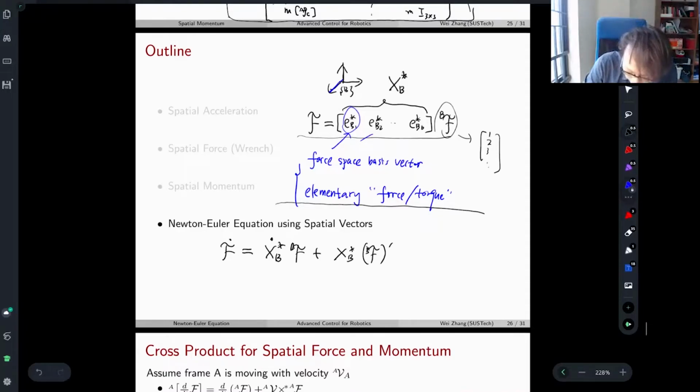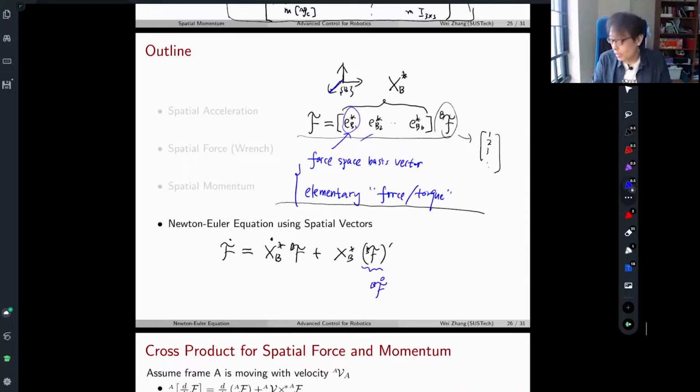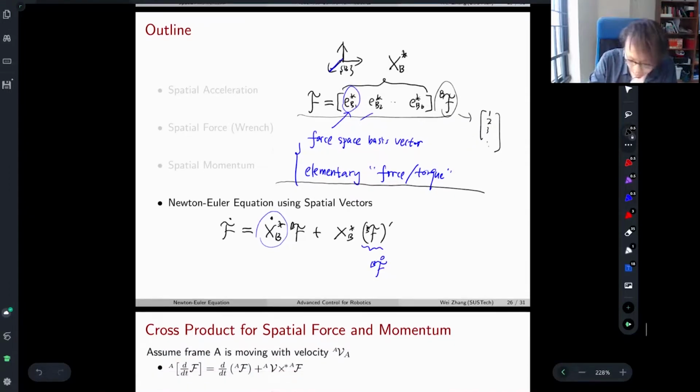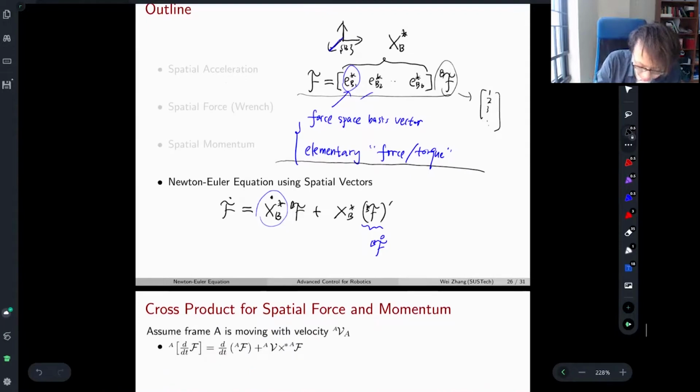We use our notation. This is F_B ring, which is the apparent derivative of the coordinate. And this term tells you how fast your basis vectors move. This is basically a review of the previous case, but now we just need to handle this case.